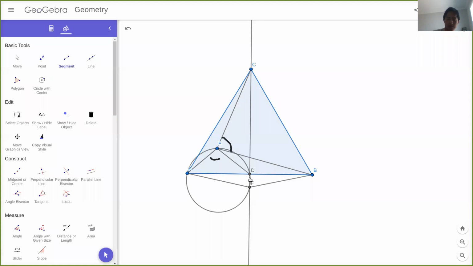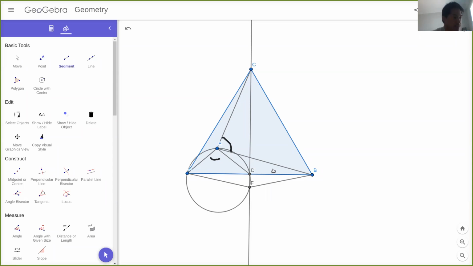And so what we want ultimately is to show that this angle is equal to this angle. How do we show that? So how do we show that angle BEC is equal to angle BFC? What we know already is angle BFC is equal to CFA, and CFA is equal to CFD, or AFD, which is 180 minus AED.